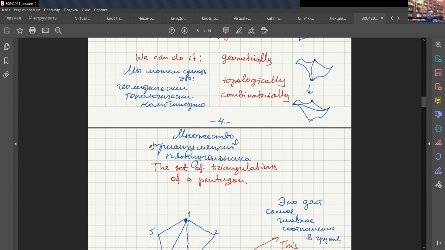And actually, here I would like to say that many people studied the set of triangulations of polygons, polyhedra, polytopes from many points of view, topologically, combinatorially. But to the best of my knowledge, people were not paying much attention to the group structure.